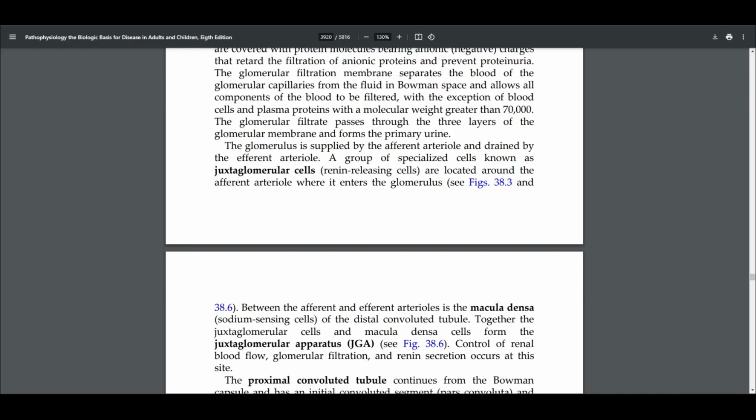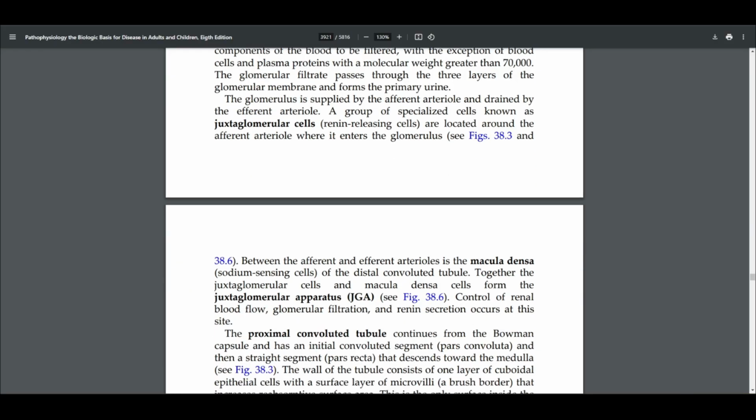The glomerulus is supplied by the afferent arteriole and drained by the efferent arteriole. A group of specialized cells known as juxtaglomerular cells, the renin-releasing cells, are located around the afferent arteriole where it enters the glomerulus.